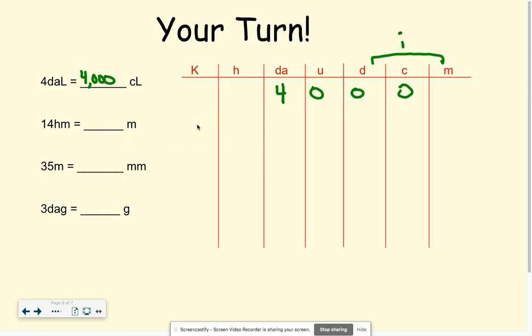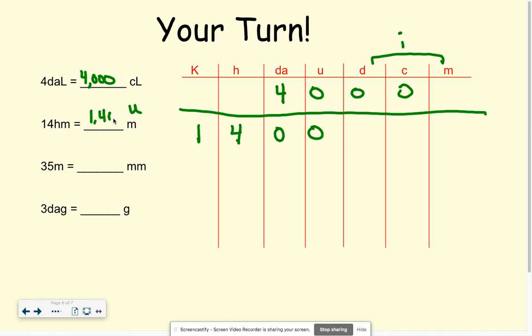We have 14 HM, so we can draw a line. One of my 14 goes in the higher place value. We're in the H, and we're trying to get to M. M has 1 letter, so we're getting to the units. So our answer is 1,400.